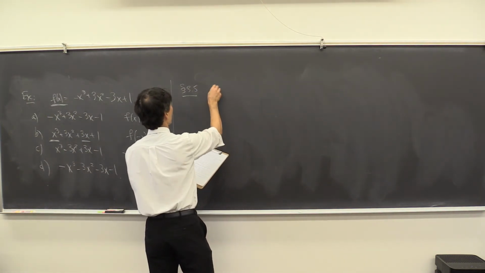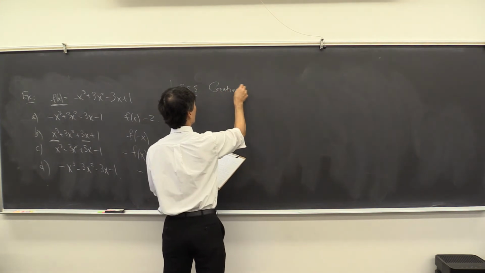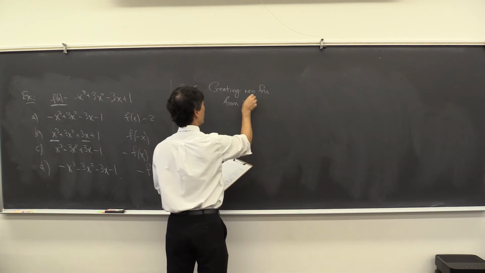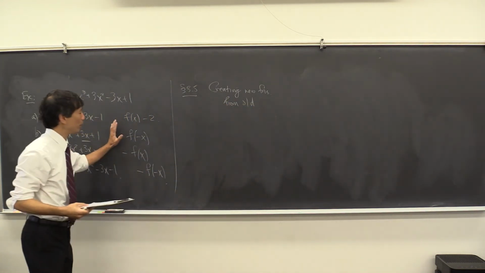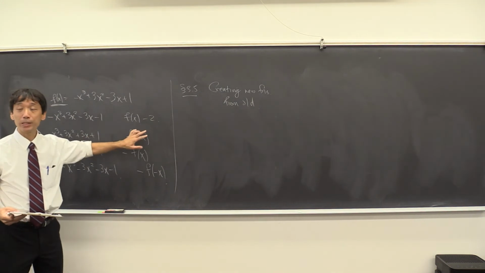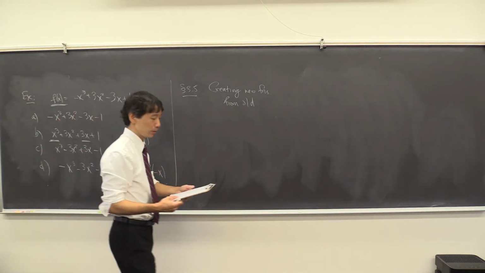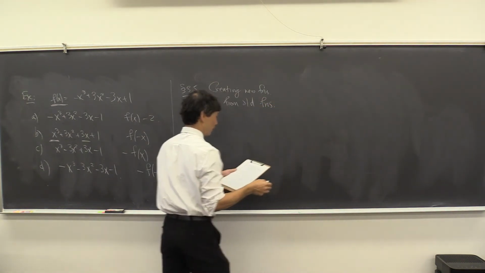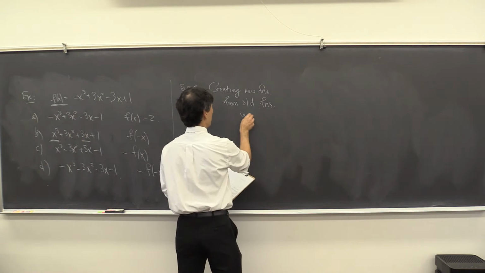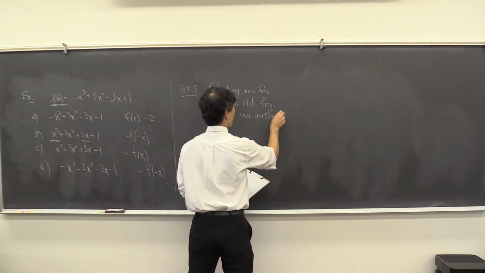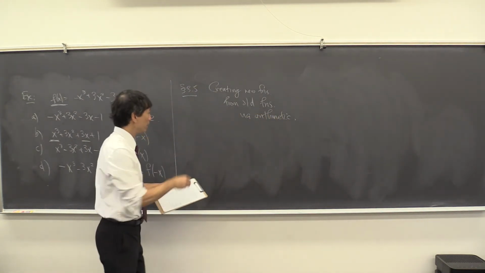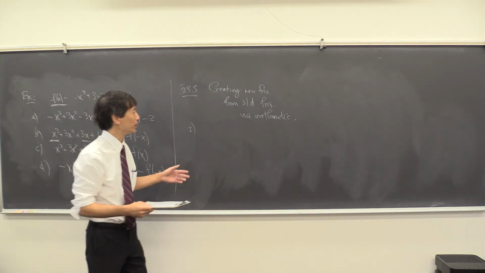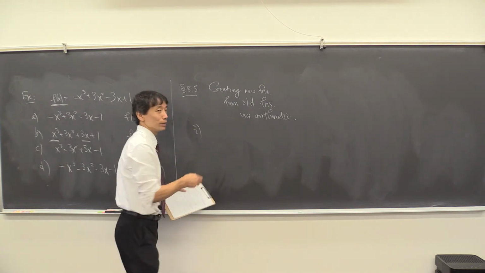So this is again sort of creating new functions from old, but where what we were doing before was just taking one function and messing with it, now we're going to combine functions. So we've got pairs of functions. This is arithmetic, and this is kind of what you would expect to do. We define a way of adding functions.